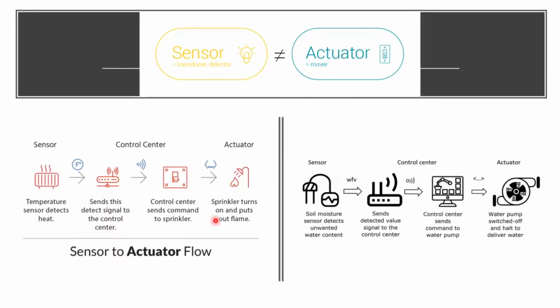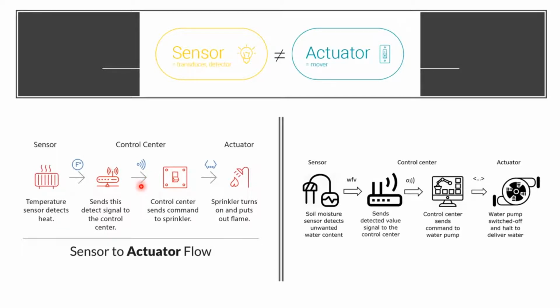The first one is a fire detecting system and the second one is a soil moisture detecting system. You will have a temperature sensor which will detect the temperature. If there is a fire outbreak, the temperature will suddenly increase. Agree? Based on that, the sensor detects the value and it is sent to the control center. When I say control center, that is the brain of my designed embedded system.